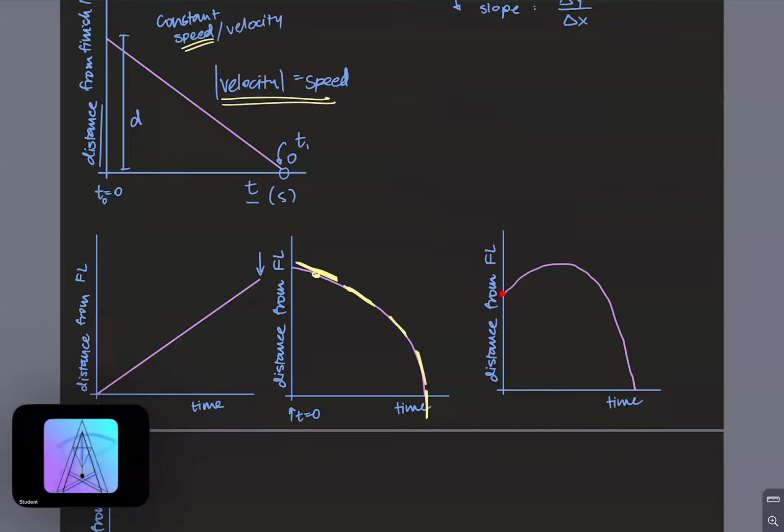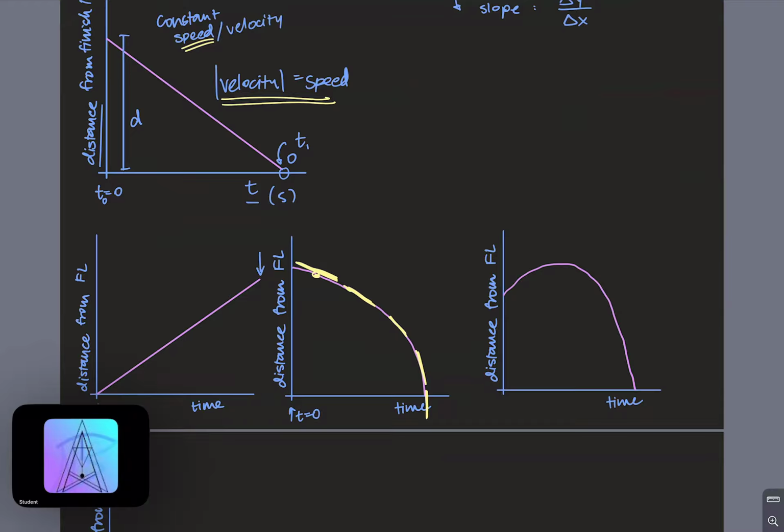You start out with some distance from the finish line, and then your distance from the finish line increases until some point, because this y value right here is bigger than this y value. So the distance from the finish line increases, which basically means that it's going away from the finish line, okay? And then, like you said, the distance from the finish line is decreasing and it ends up at a distance zero from the finish line, which means it's at the finish line at the end. Okay, that's exactly correct.